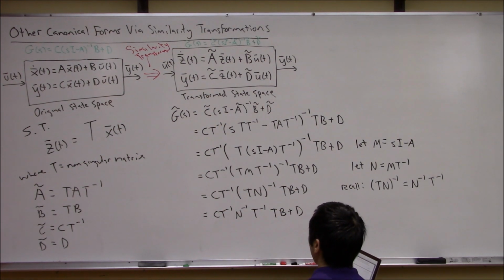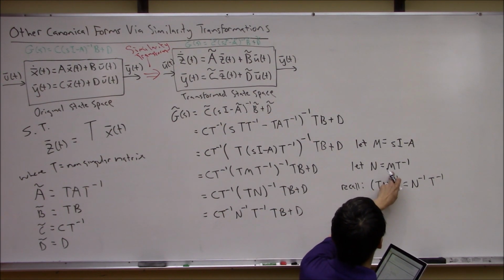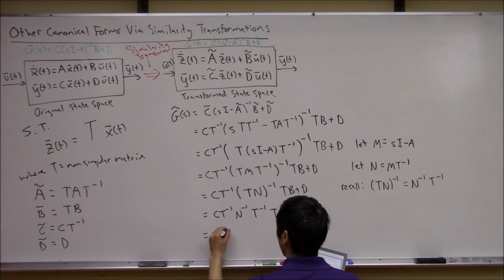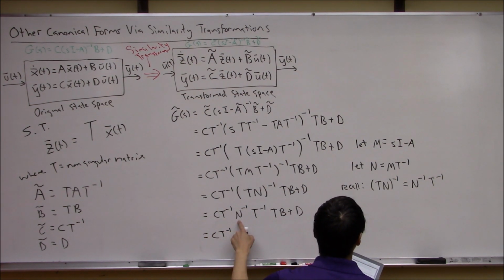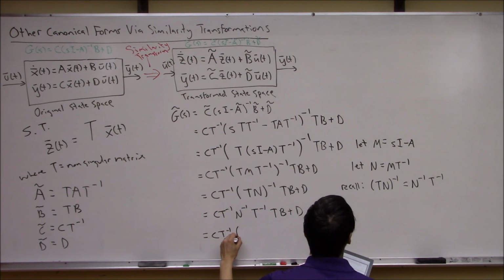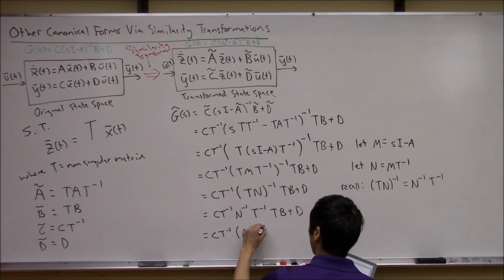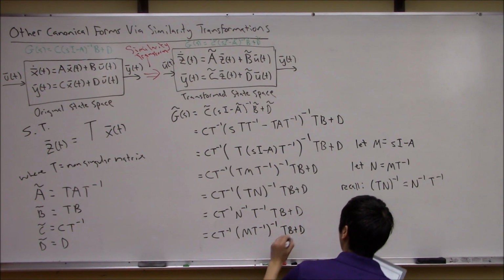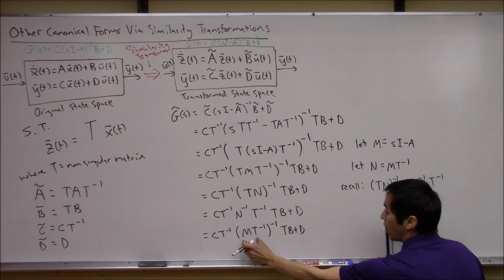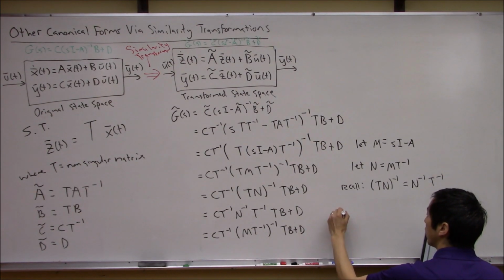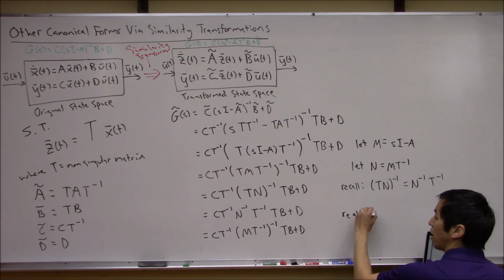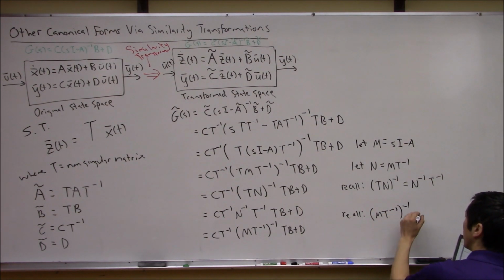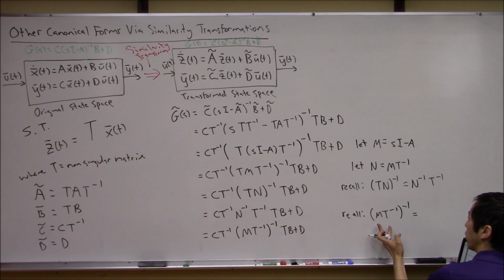Now let's resubstitute in our expression for N. So this is C T inverse, and now I need to insert N, which we said was M T inverse, and I have to inverse the whole thing, times T B plus D. Again, let's use our identity that if I have a product of two matrices that I want to inverse, you flip the order and inverse each individual one.